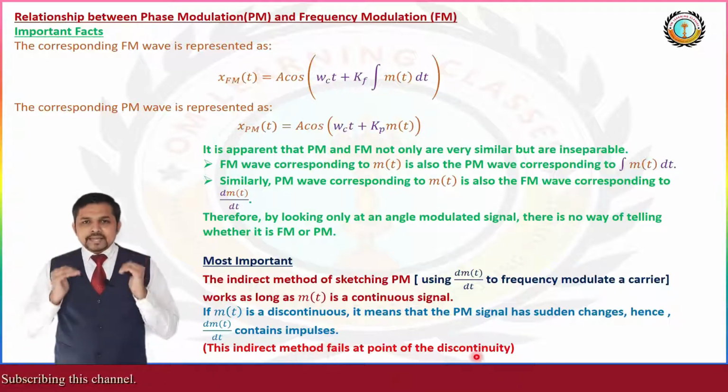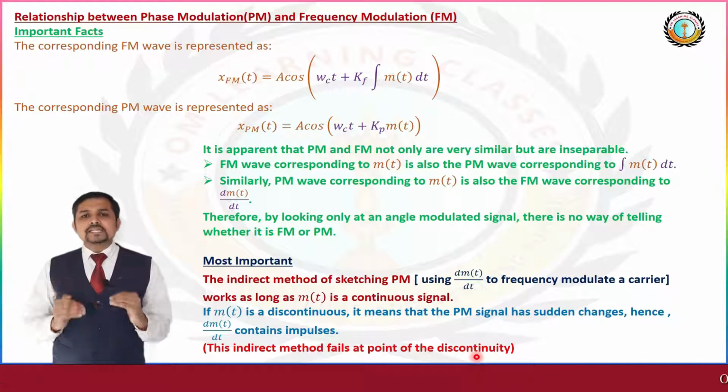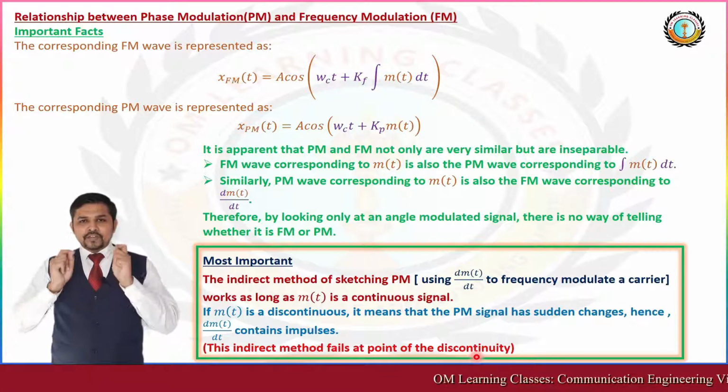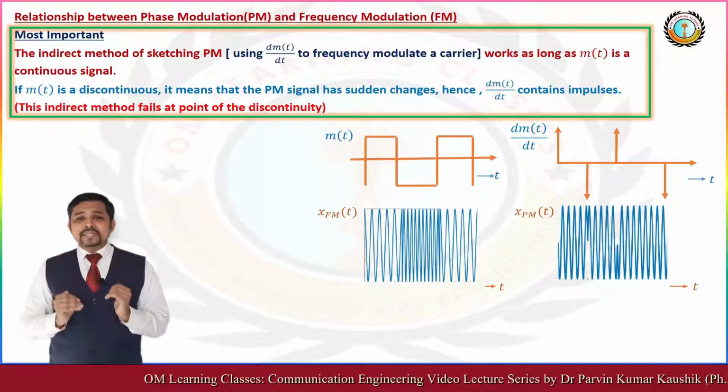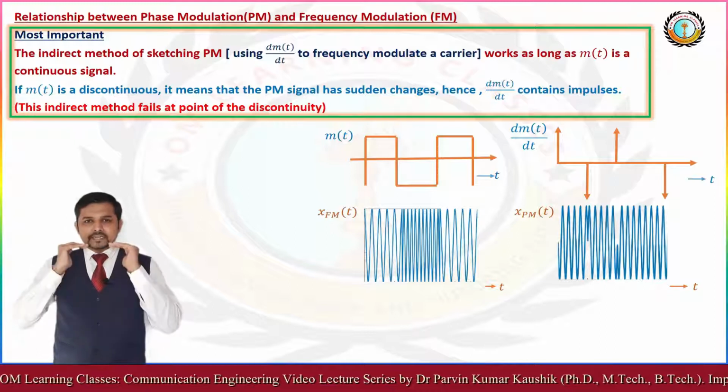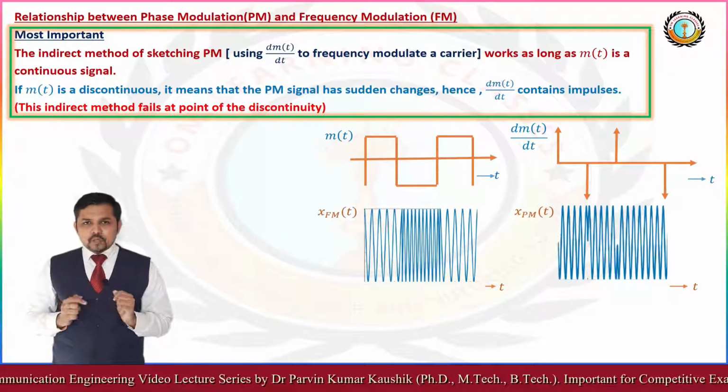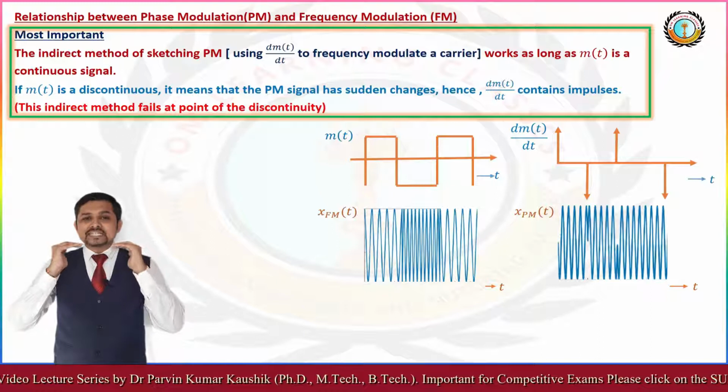So the indirect method fails at the point of discontinuity, and we can illustrate this by considering m(t) as a digital signal, where the phase modulated wave shows phase discontinuity.